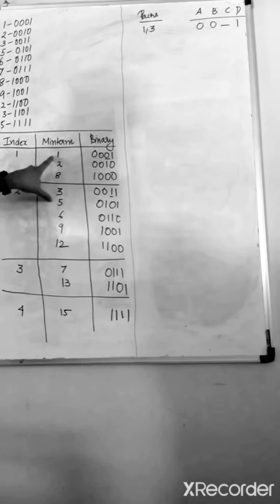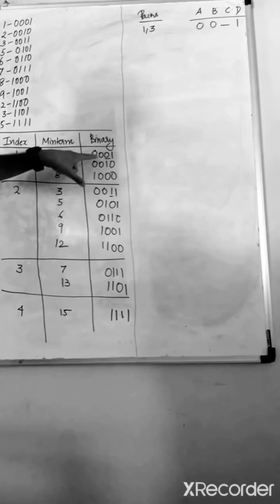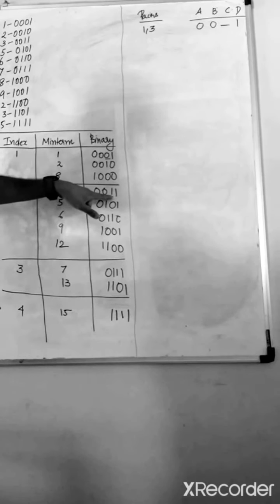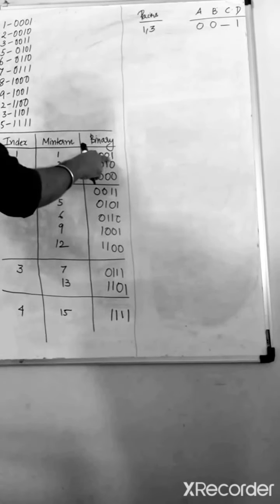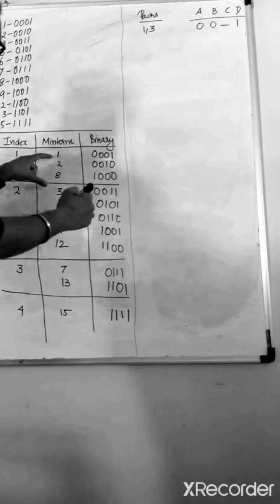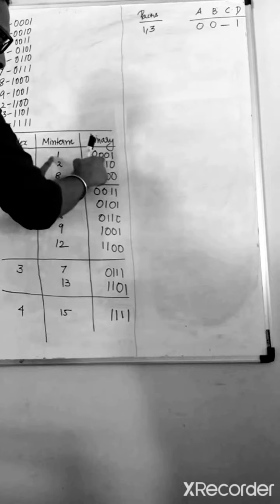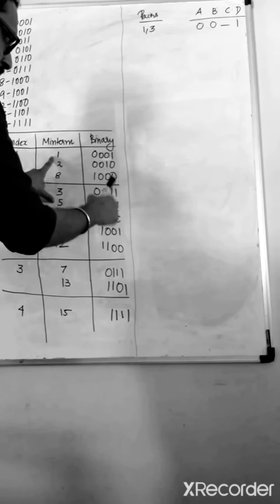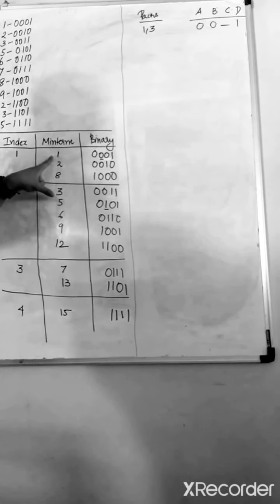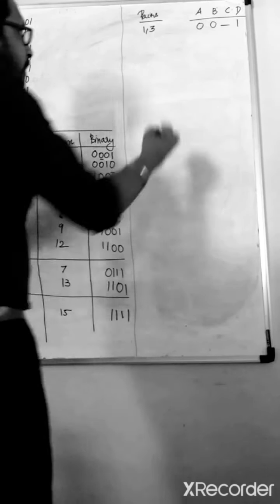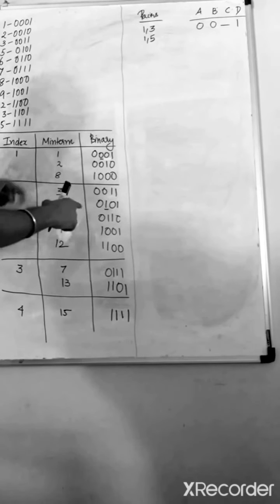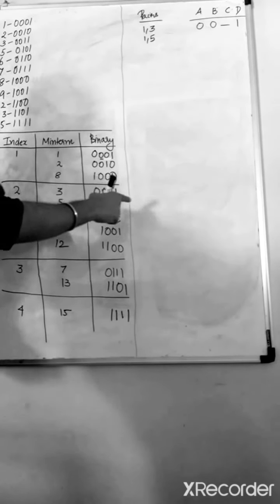Compare 1 with 5. 0 0 0 1 and 0 1 0 1. This is the bit position which has opposite values. So we take 1, 5 and we write it as 0 dash 0 1.